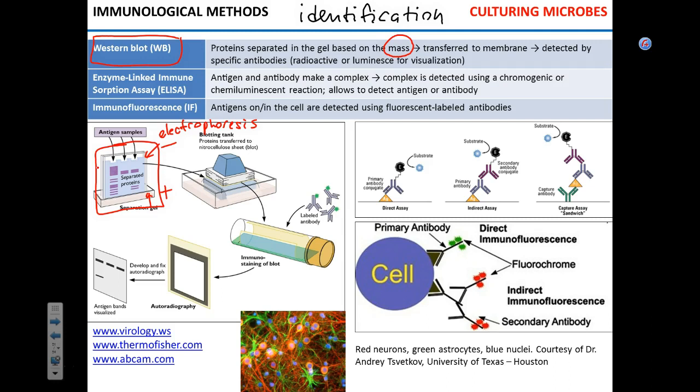Gel is really hard to work with. Imagine that you have to work with Jello. So you need to transfer these separated proteins to some other medium which is more mechanically resilient. So what you do, you line up your gel with a special membrane. So basically you have a gel and a membrane, and you press them against each other, and you apply electricity.